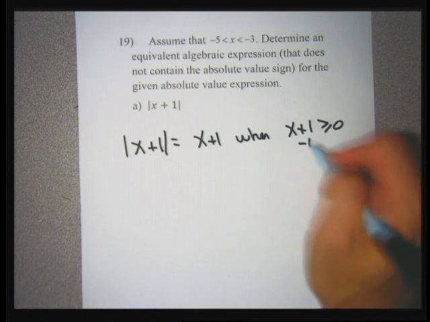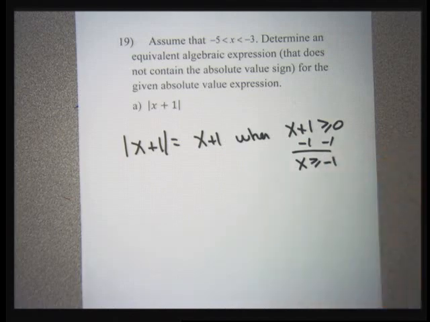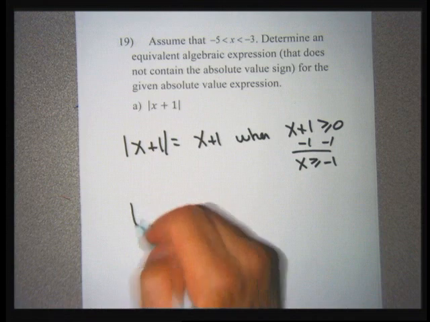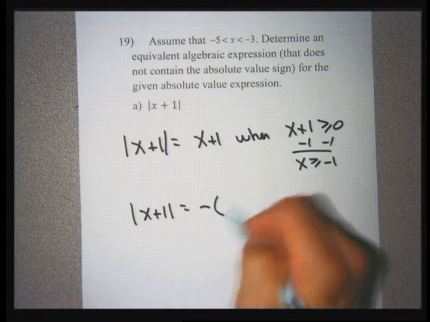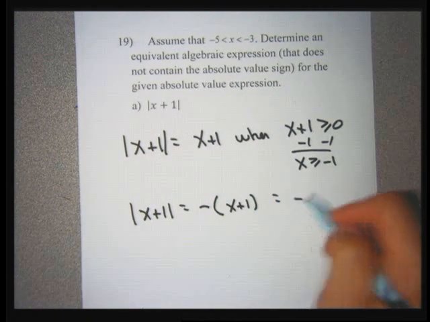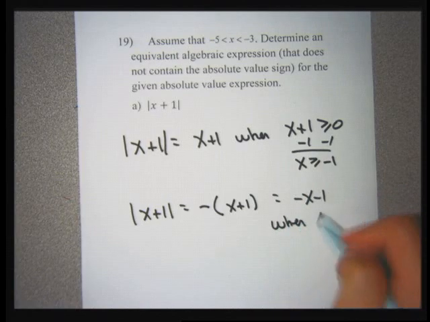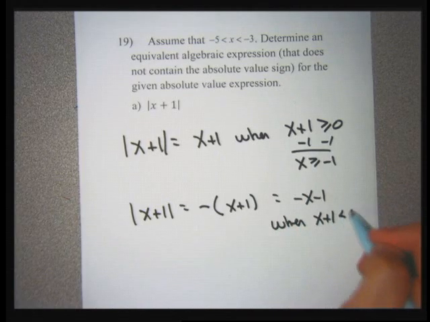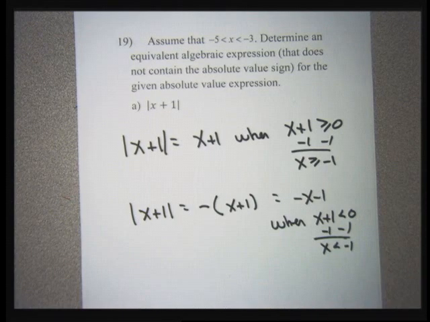And that's when x is greater than or equal to negative 1. And I know that the absolute value of x plus 1 equals the opposite of x plus 1, which is negative x minus 1, when x plus 1 is less than 0, or when x is less than negative 1.